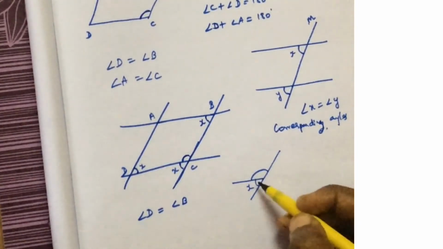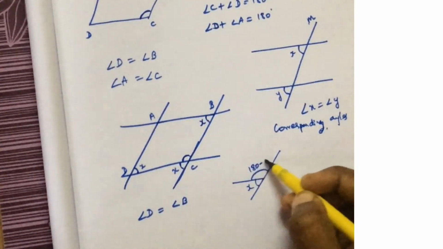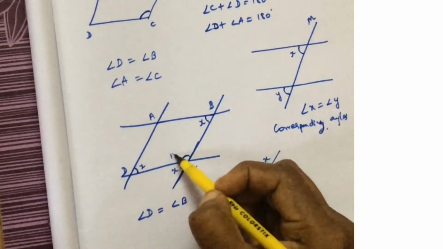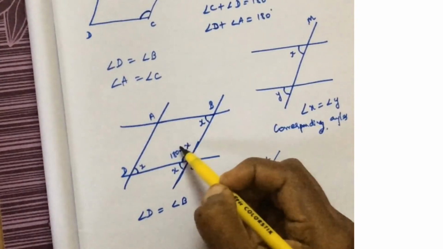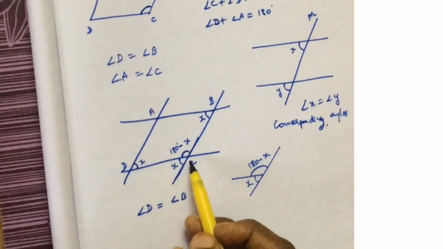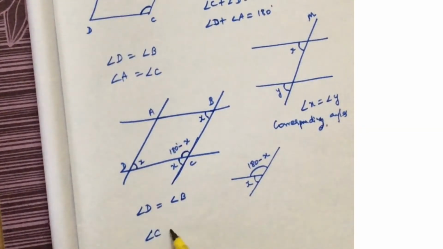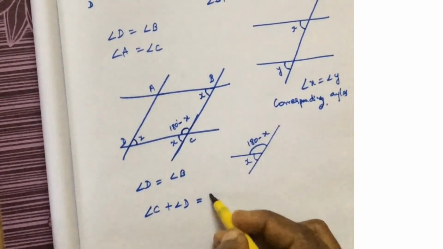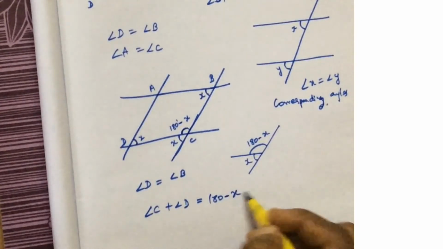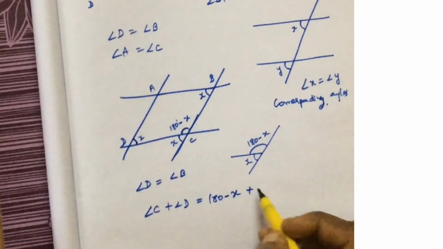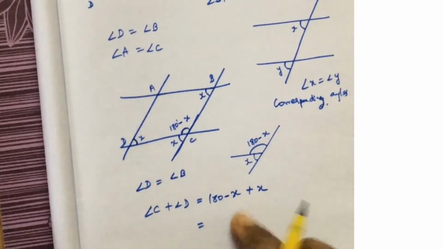Out of this straight line, this is X. The remaining is 180 minus X. So this angle is 180 degrees minus X. Now I am going to add angle C plus angle D. Angle C is 180 minus X, plus angle D, which is X. So this X and this X get cancelled.